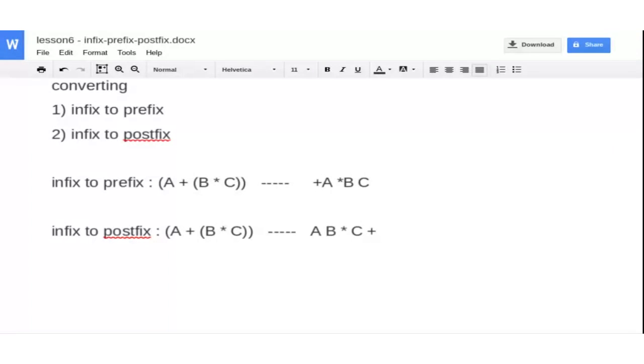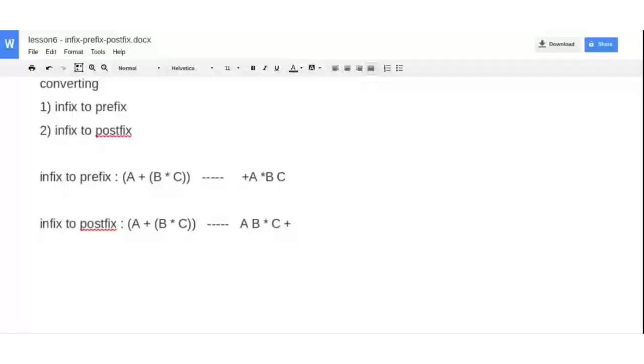Okay, so I think that discussion is sufficient, but maybe we can try one more example, just one more example, so that we are clear with that concept. Infix to postfix, infix to prefix.